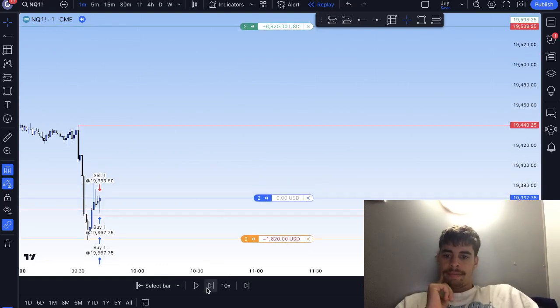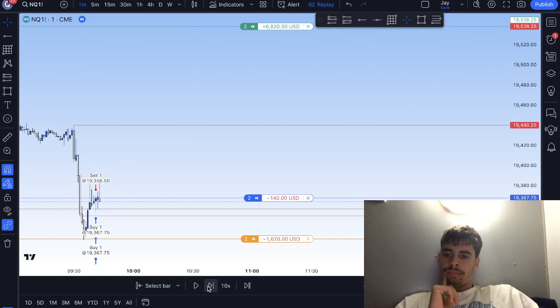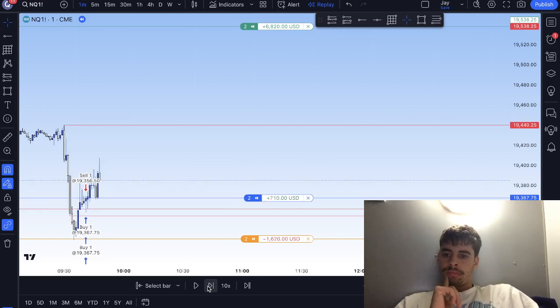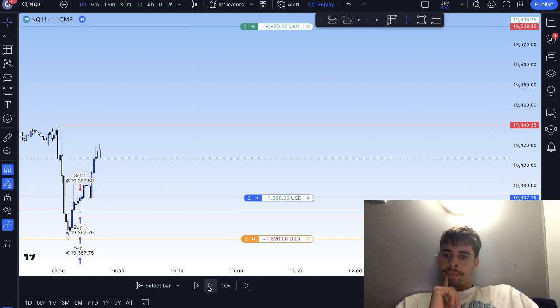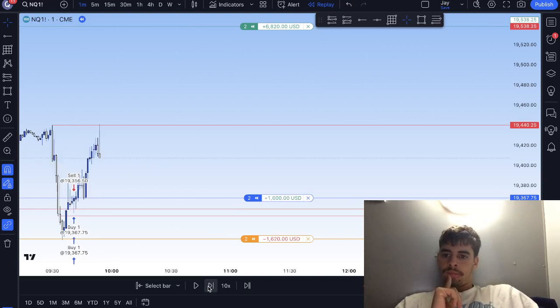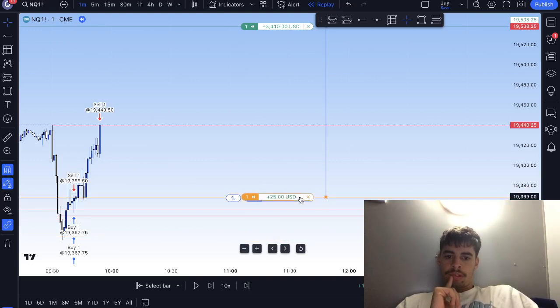Let's have a look. TP1 hit, sell half position, stops to break even.